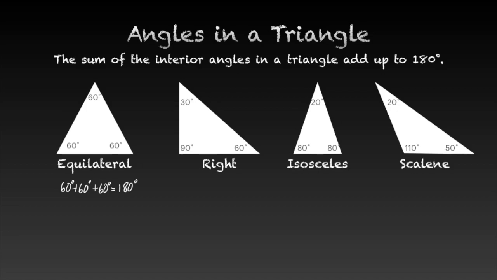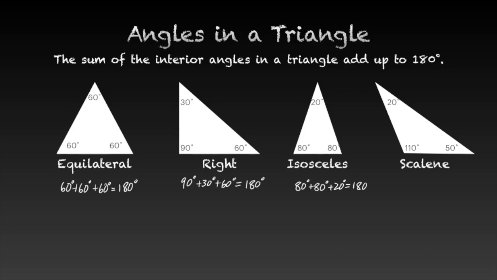180 degrees. When you look at the next one, you have 90 degrees plus 30 degrees plus 60 degrees, and that's going to give you 180. The next one, you have 80 degrees plus 80 degrees, that's going to be 160 plus 20, and that's going to give you 180.